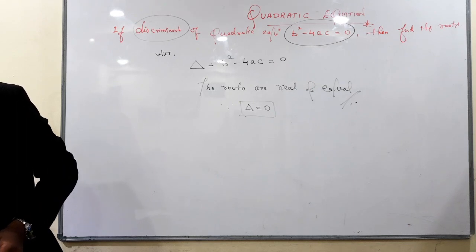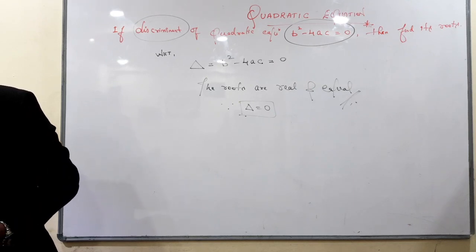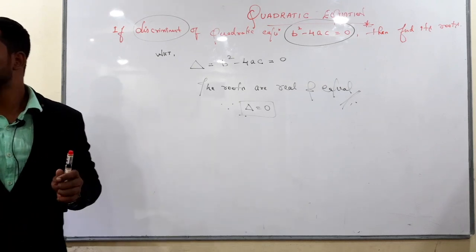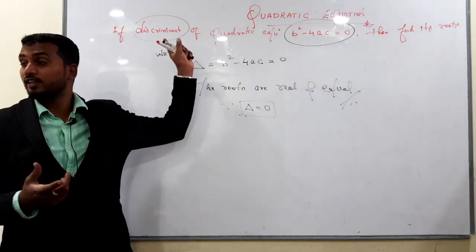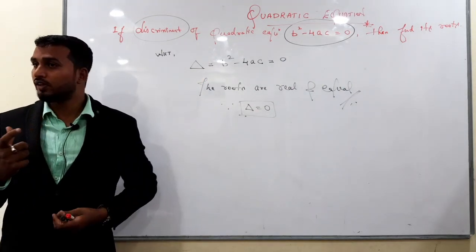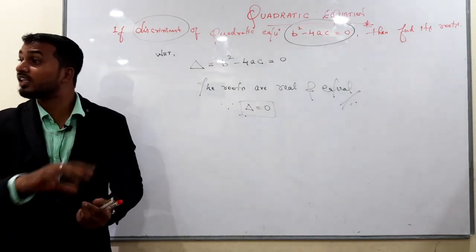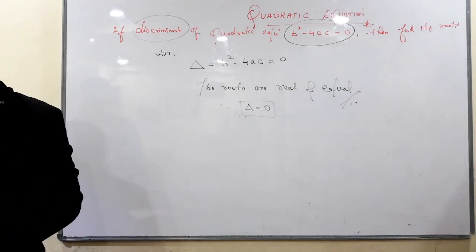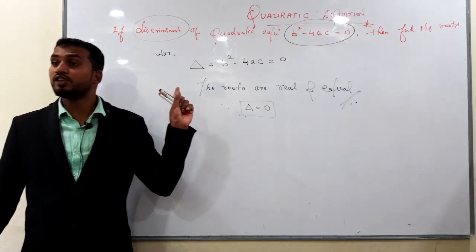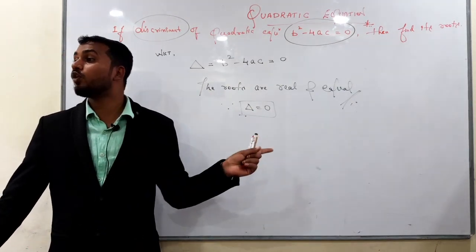In the question, the nature of its roots is changed, sir, to find its roots. You have to understand, discriminant means nature. The discriminant concept comes in nature, so they are asking indirectly. Did they give any quadratic equation?